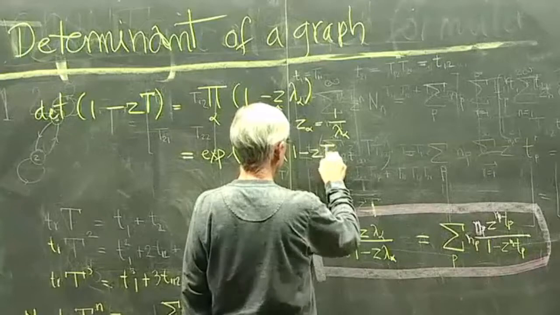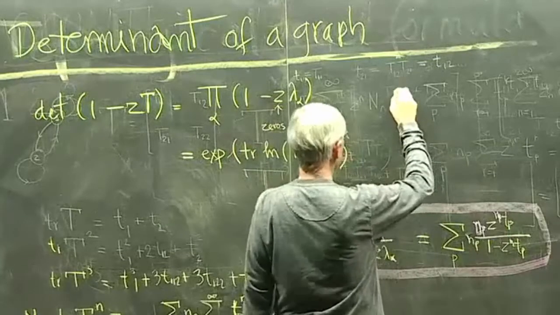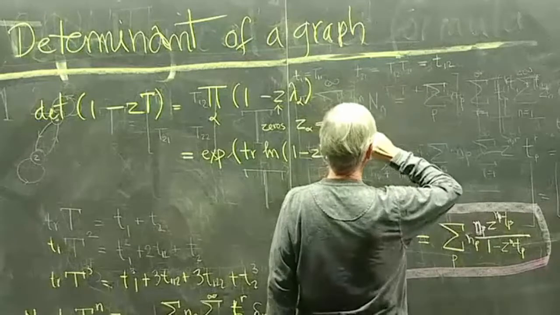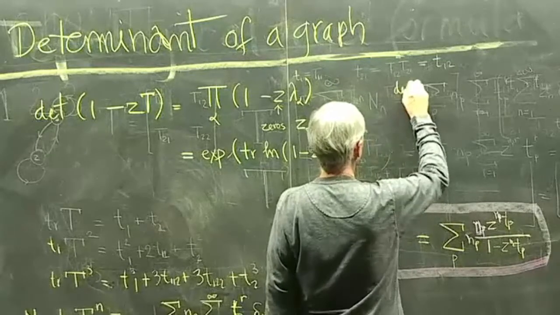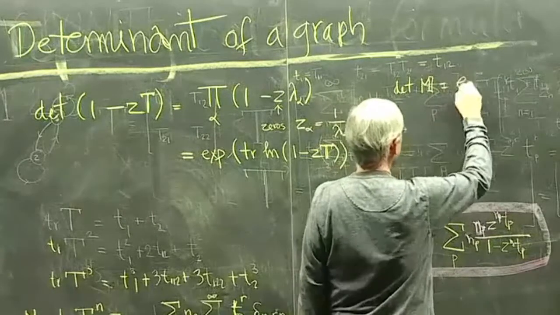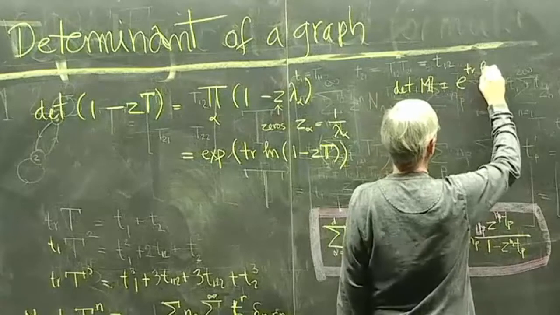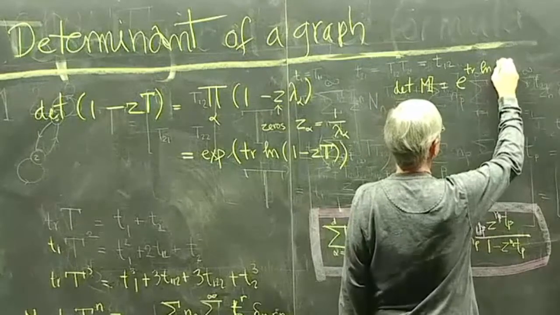This is an identity for all finite matrices. And you might have seen in the form that a determinant of some matrix M is E to the trace of logarithm of the matrix M.